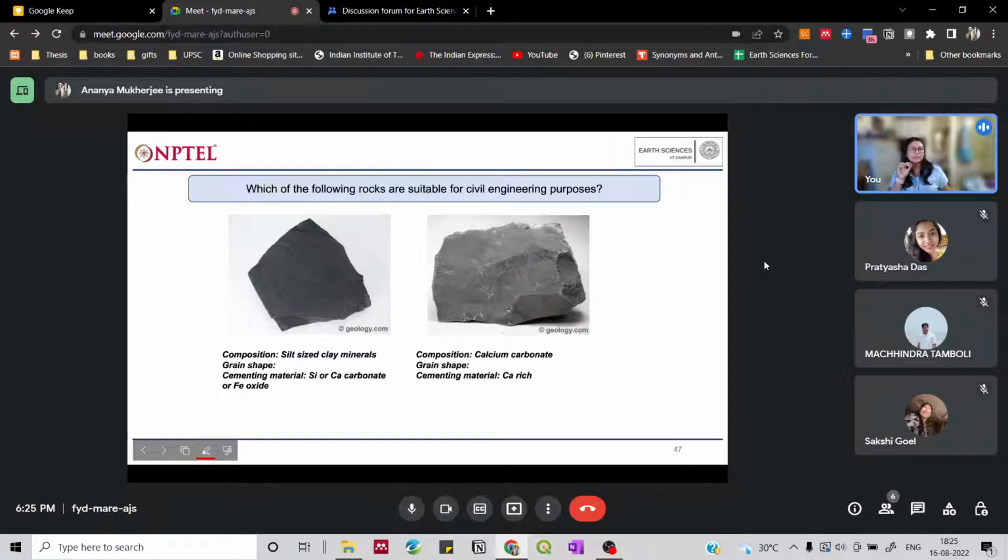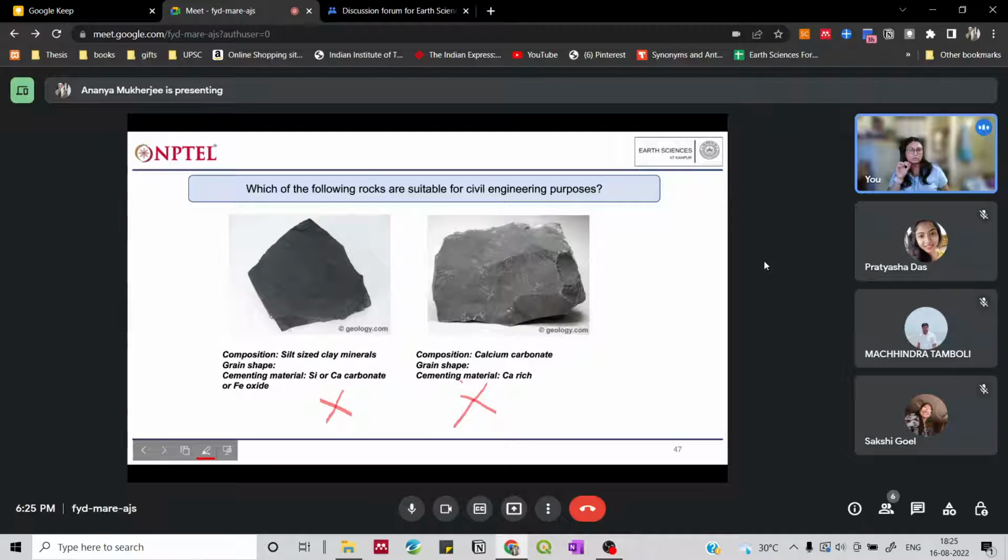Since it's fine grained, we cannot really judge the grain shape, and the cementing material is also calcium rich. So based on these criteria, we can say that none of these are suitable as foundation rocks because of their inherent properties.